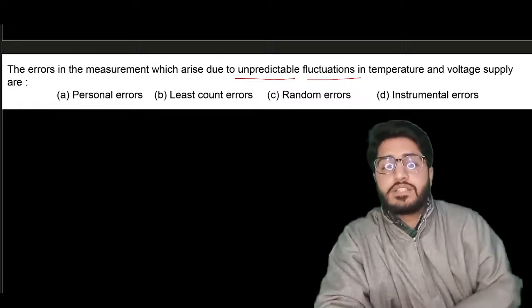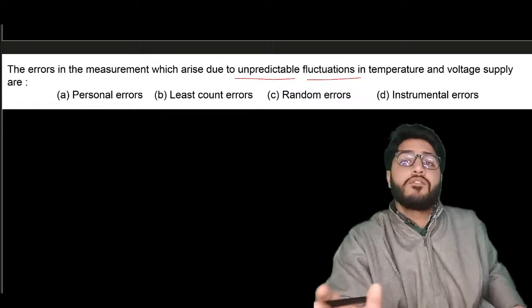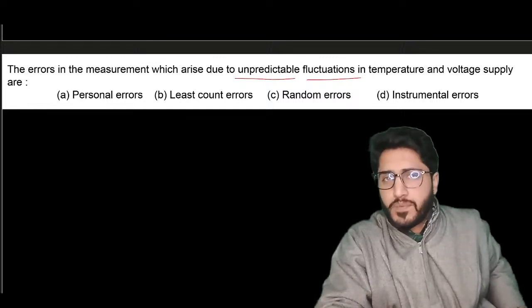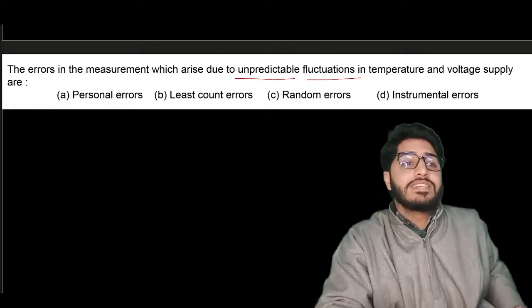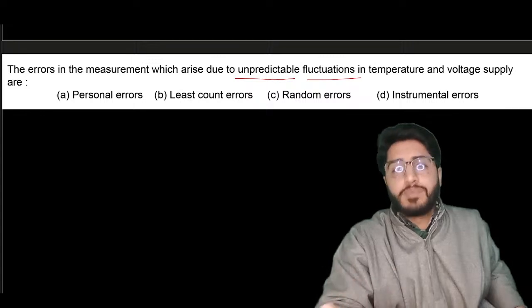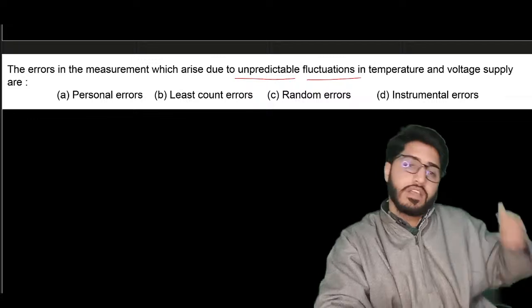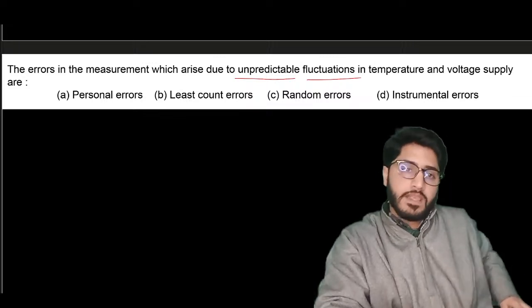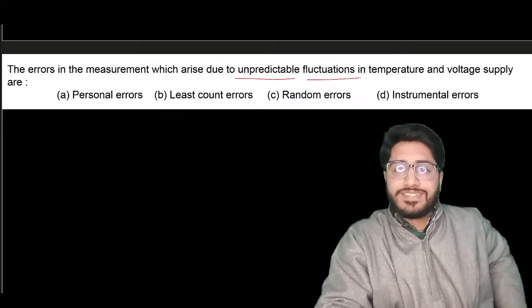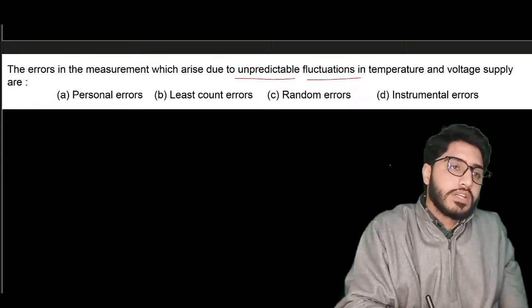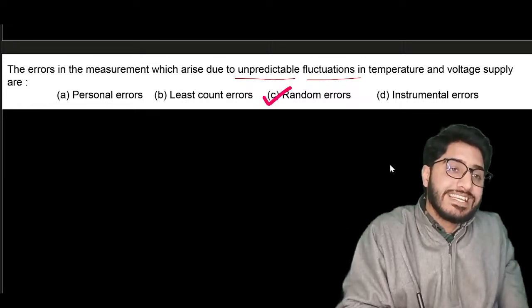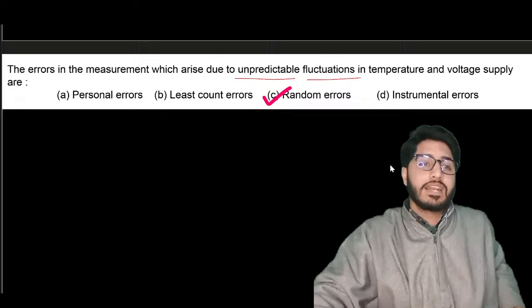Personal errors are those related to a person, carelessness of a person, right? Least count error means a sort of instrumental error. If we have some damage in the instrument, that is option D, instrumental errors. But the correct option is option number C. It is a random error.